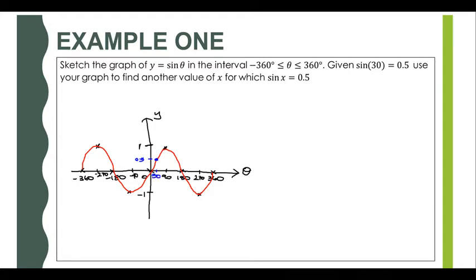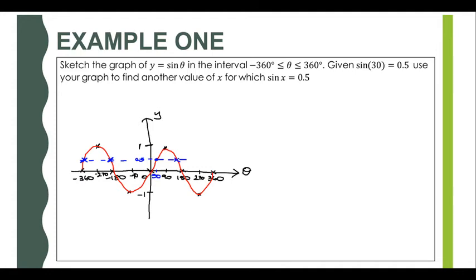But if we look at our sine graph, sine of 30 is not the only answer that will give us 0.5. So if we draw a dotted line across at 0.5, it's clear to see that we will also get solutions at the points I've marked with an X. So here, here, and here will also give us an answer of 0.5.